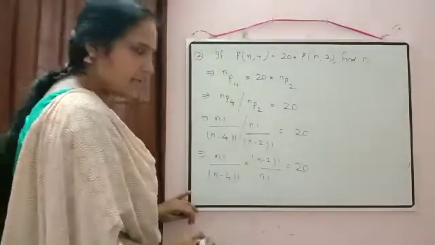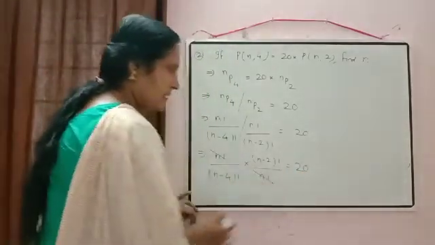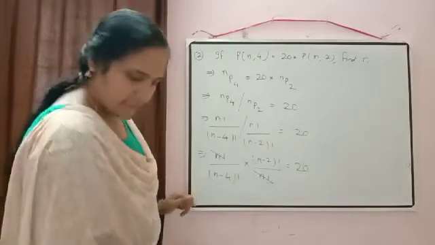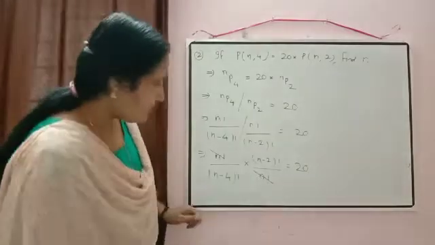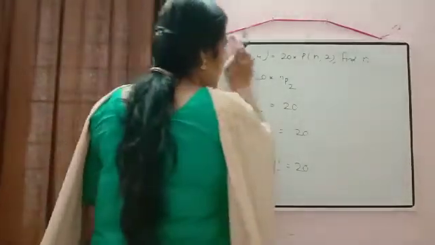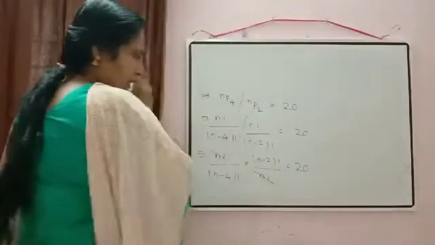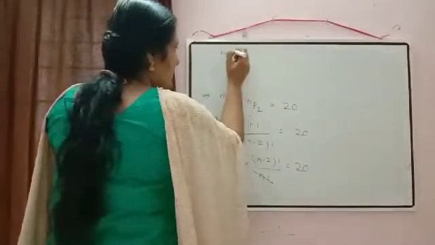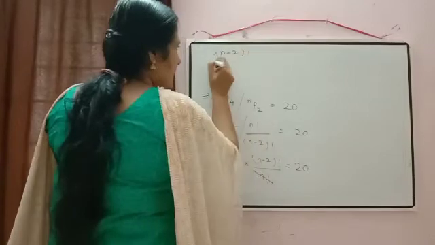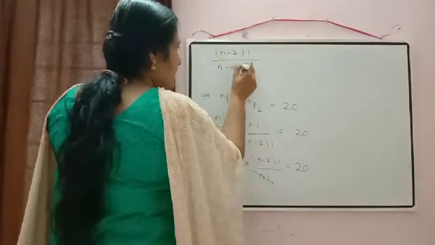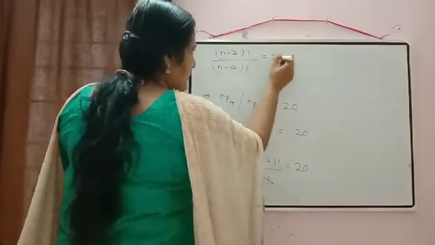N factorial and n factorial will get cancelled there. So remaining, it will be (n minus 2) factorial by (n minus 4) factorial is equal to 20.